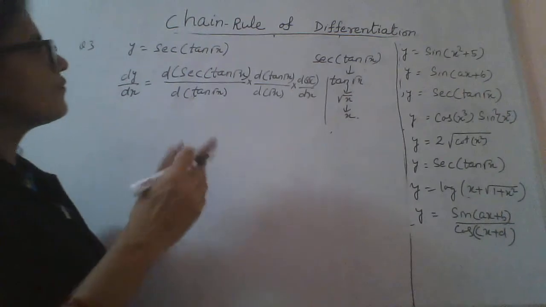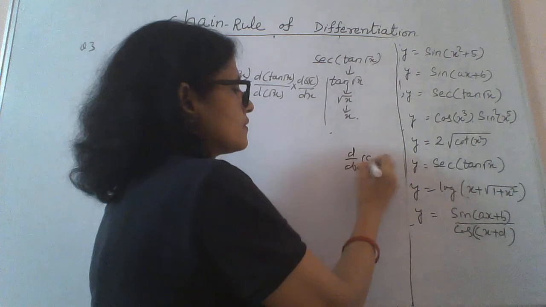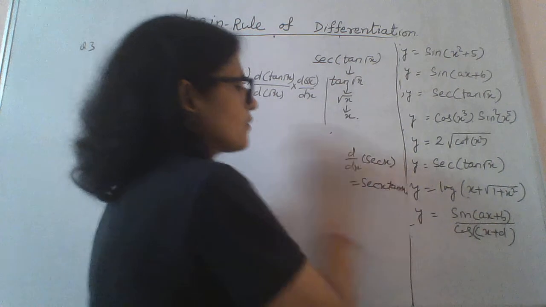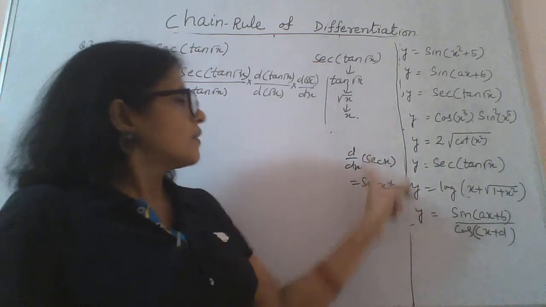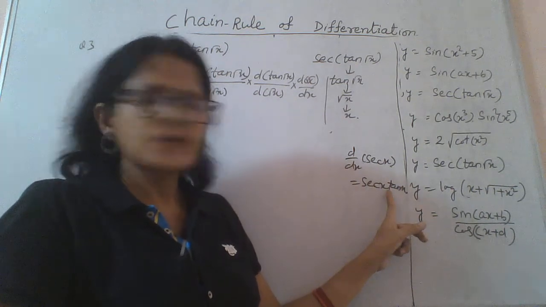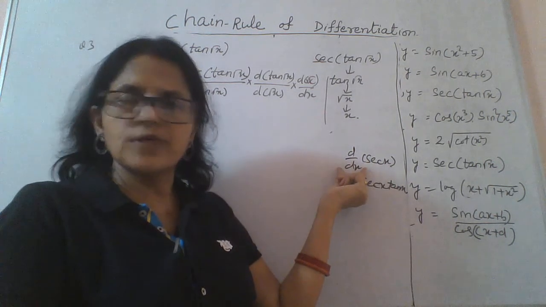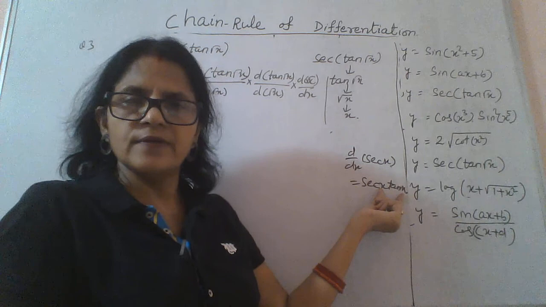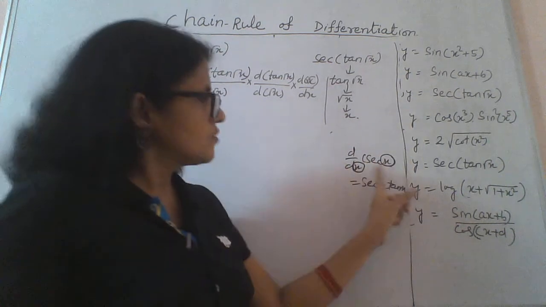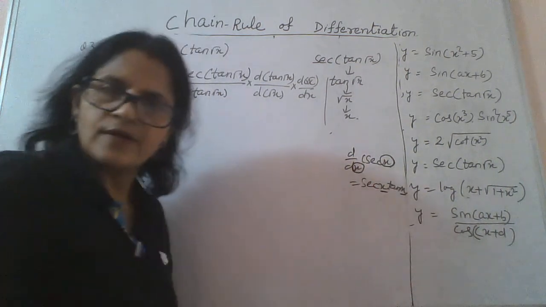Now, if you write d by dx of sec x, you get sec x into tan x. If you write d by dy of sec y, it is sec y into tan y. If you write sec t with respect to t, it is sec t into tan t. So basically you have to see that whatever the function is with respect to, that same thing replaces x in the answer.